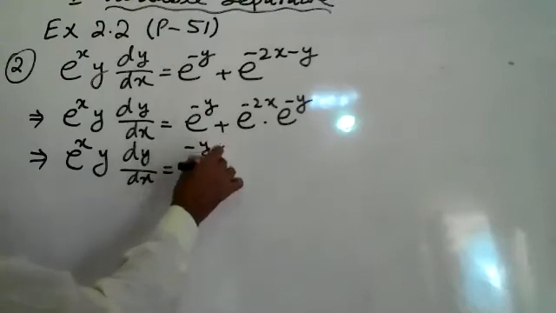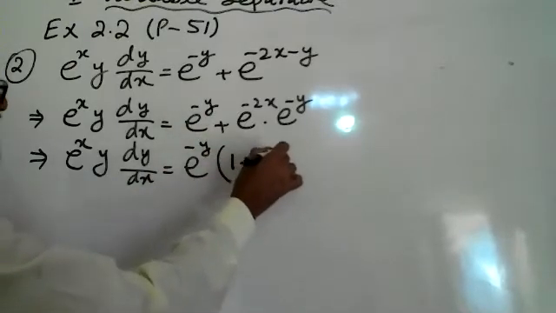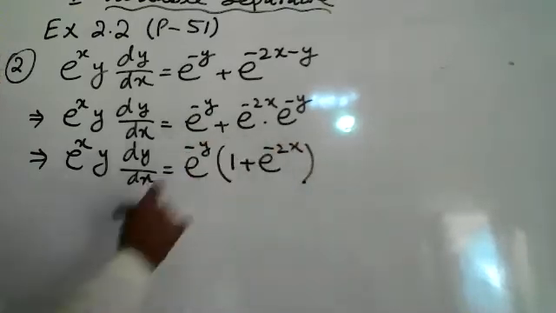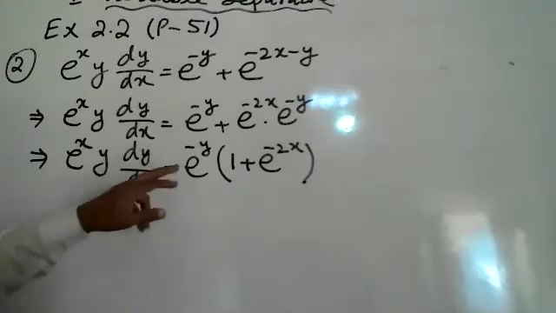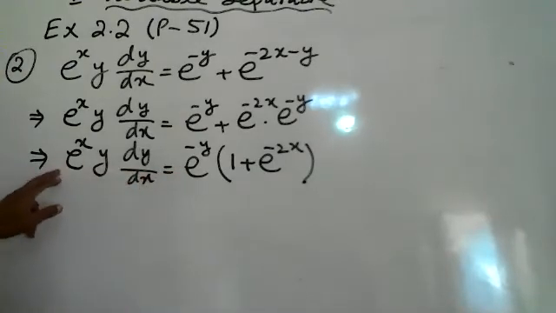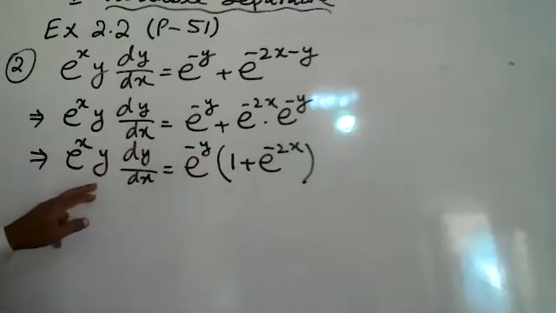Minus y common. Inside will be 1 plus e raised to power minus 2x. Now e raised to power x will be shifted to this side, and e raised to power minus y will be shifted here.